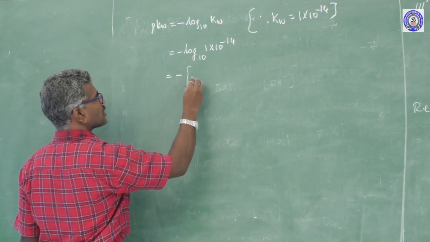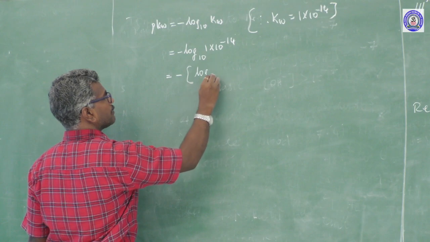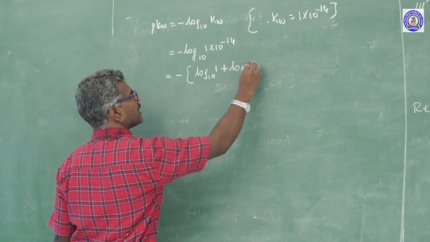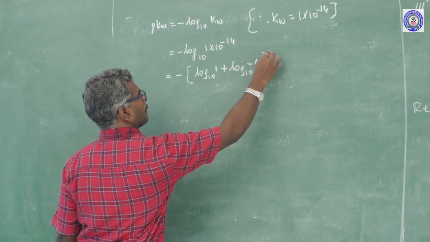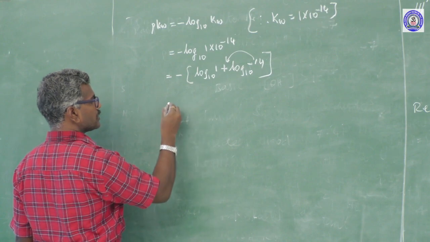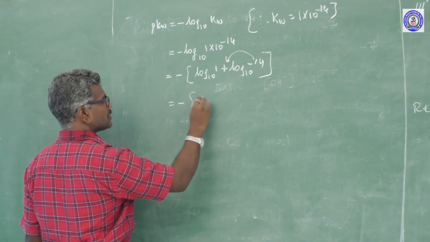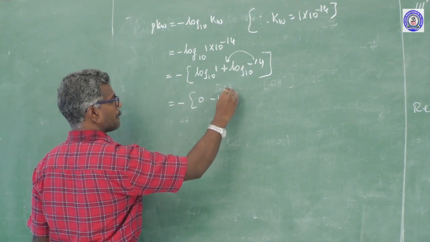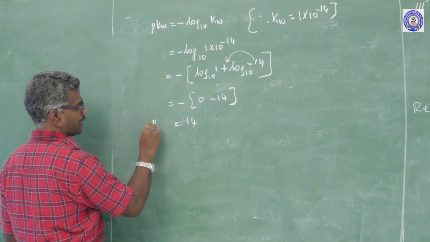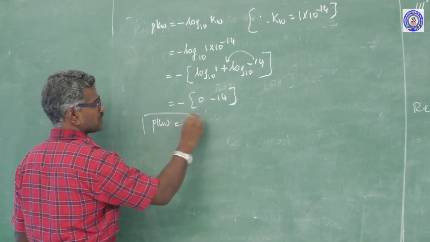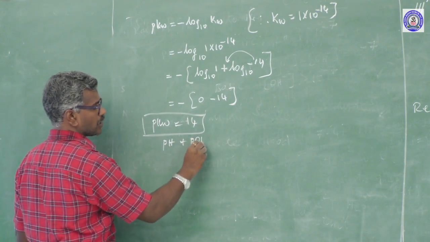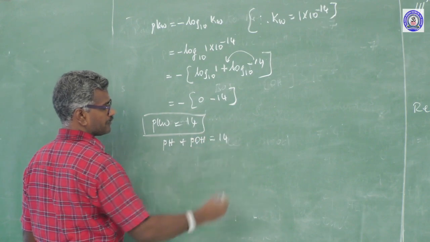Take the minus common: log base 10 of 1 plus log base 10 of 10 power minus 14. Log 1 value is 0. So minus 0 minus minus 14, so plus 14. So pKw is 14, and pH plus pOH is equal to 14.